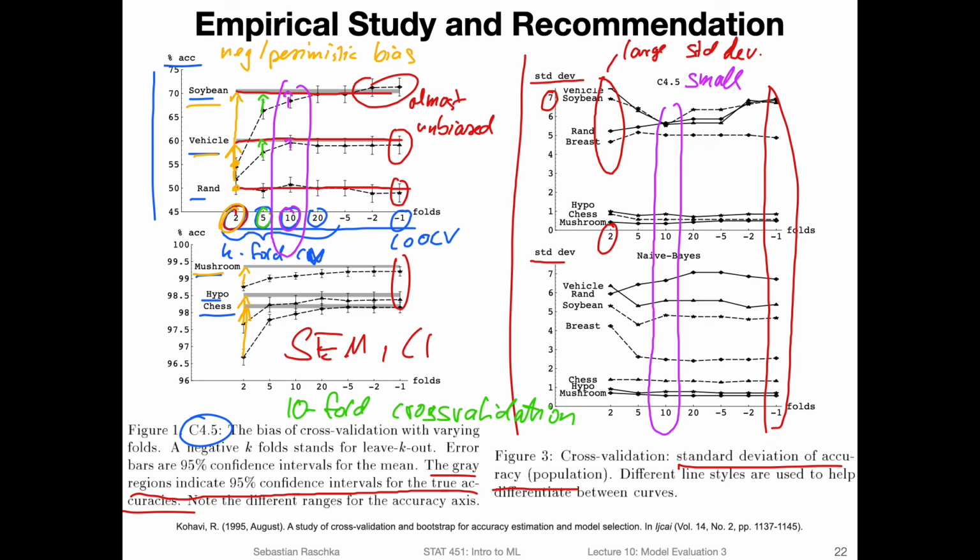However, if you have a very, very large data set, then fivefold cross-validation may also be fine. And if you have a very, very small data set, then tenfold may not even be enough. Then maybe leave one out cross-validation is a good idea. So it always also depends on the data set, but as a rule of thumb, tenfold is actually a good compromise.